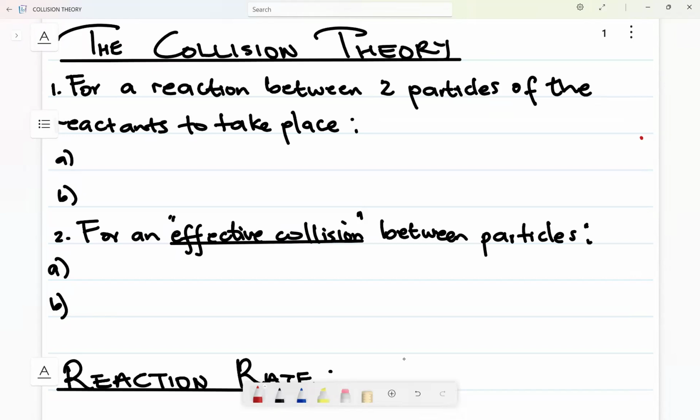Now, in today's video, you're going to be looking at a new topic that is now introduced in grade 12, called rate of reaction or reaction rate. In this topic, we're going to be looking more at how particles collide during a chemical reaction, to be more specific.